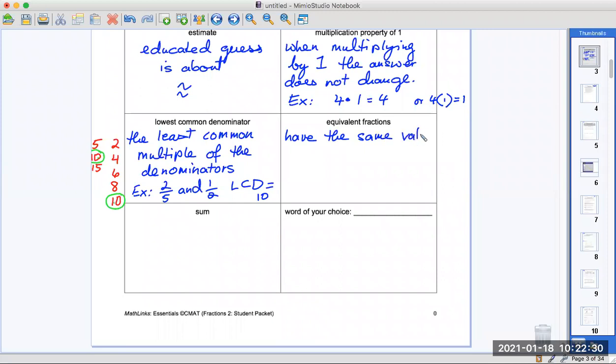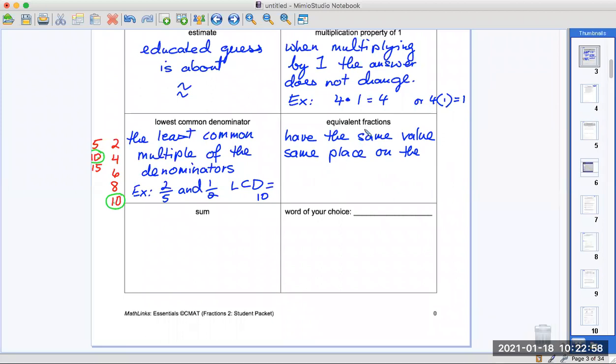So when a number has the same value, it takes the same place on the number line. That's what the same value means. Same place on the number line. The number line has a spot for every number in the whole universe. Every number that you can think of has its own unique spot that it doesn't share with any other number.